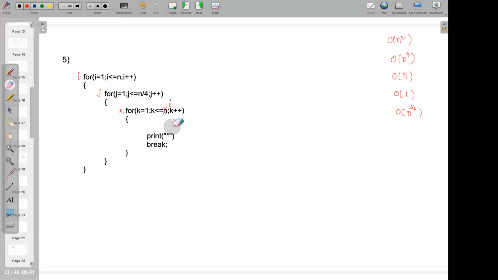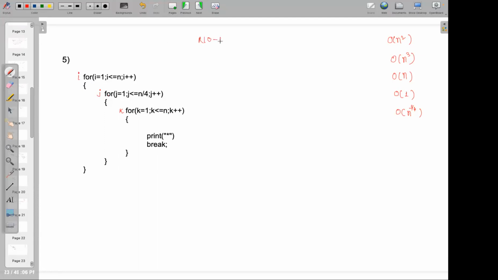Yes, very good. In place of n, if I replace j, can I call this a dependency? Yes, because this loop is present inner here. Therefore, if you replace either I or j, then you can call that a dependency. So this is no dependency.